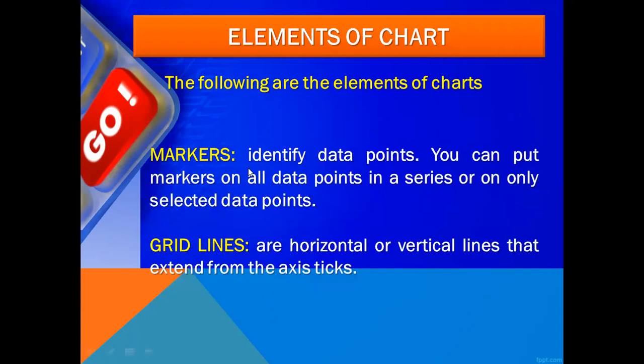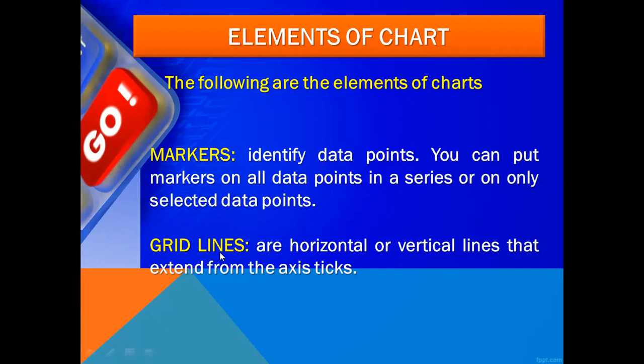Next is a marker. In the previous class I already explained markers. Markers identify data points. A particular point will be marked with any color. You can put markers on the data points in the series or only on selected data points.